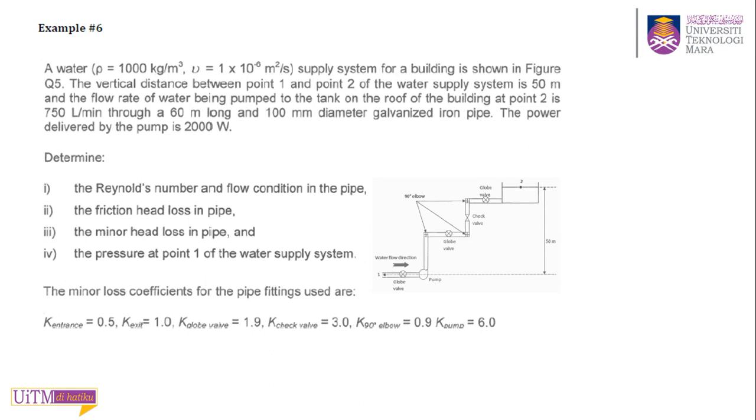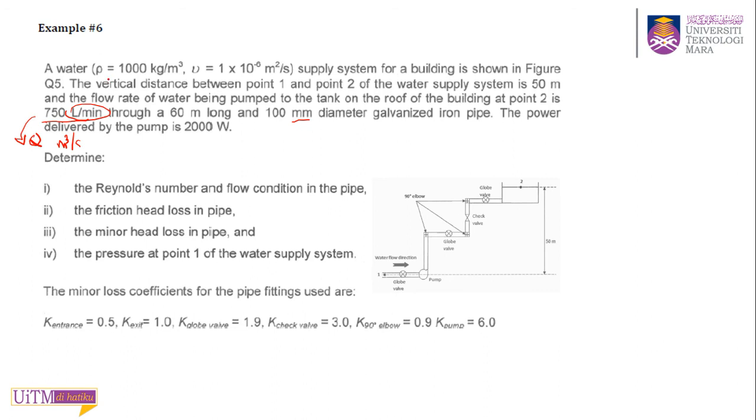Okay, same with this example. For the Reynolds number, this is also circular. They give you the diameter, but this is in millimeter. Just change it back to meter, and they give you the Q. This Q you need to change to meter cube per second, because they give it in liter per minute.